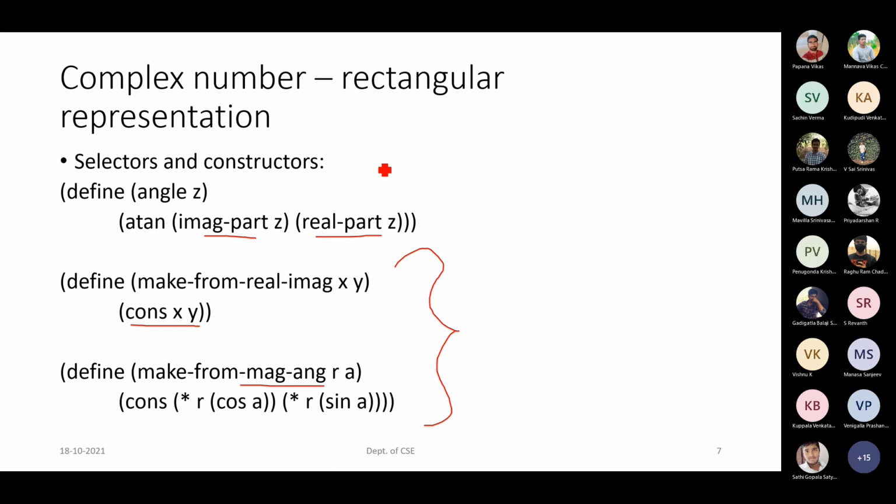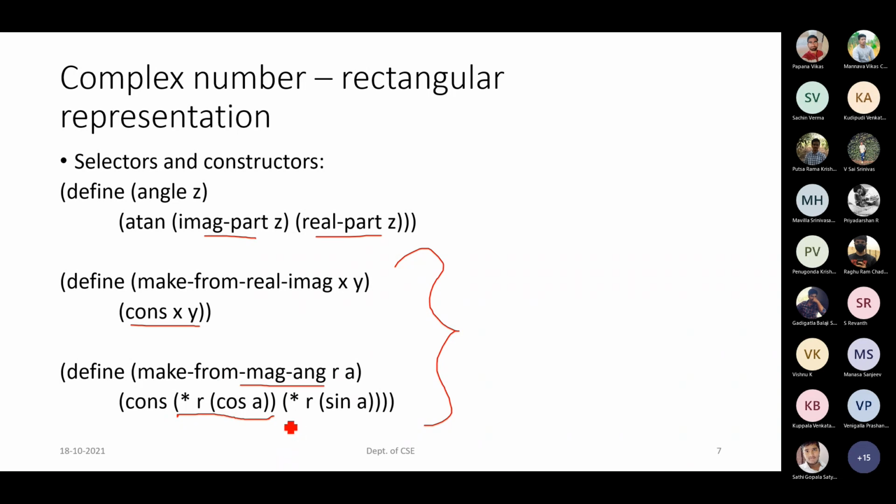So what we have to do is reconstruct it back. That is, we have to apply the other formula. To get the real value, we have to apply r multiplied by cos theta, which will be our x value, which is our real part.